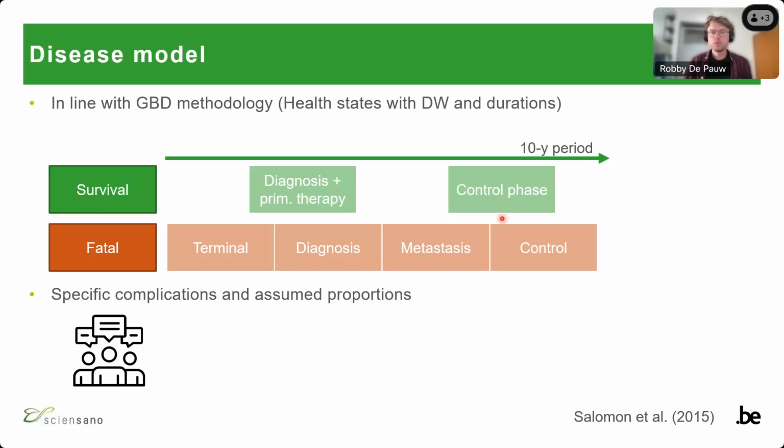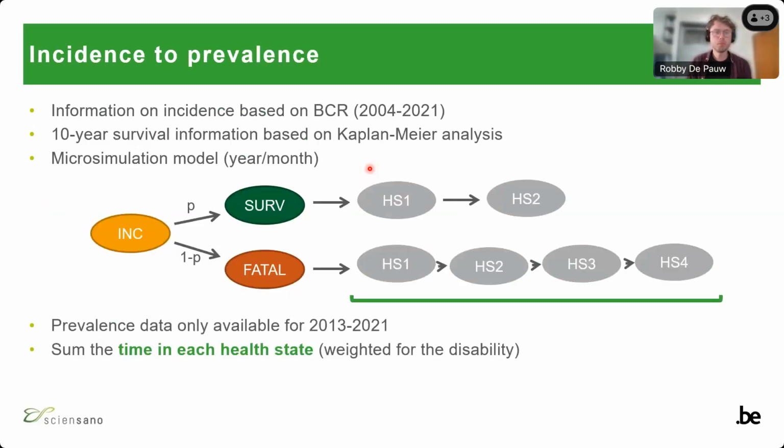We look to the 10-year survival period. But the actual modeling is done in this study in a microsimulation model. So to go from this incidence to the prevalence with the different health states, we use a microsimulation model. The information on incidence was based on the Belgian Cancer Registry.